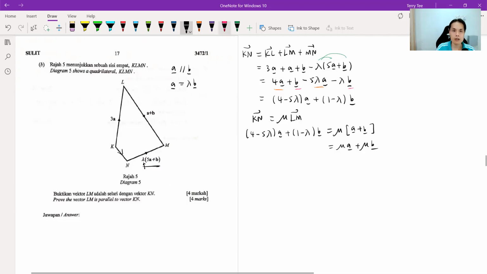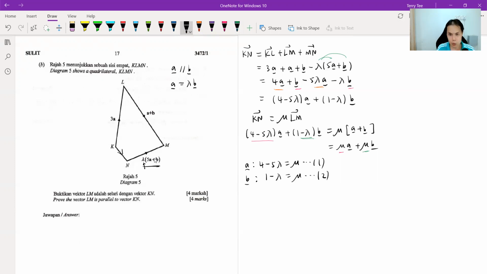So by comparison, let's compare one by one because we need to find lambda and mu. The coefficient of a is this, so by comparing a, 4 minus 5 lambda is mu. First equation. Then we compare vector b. The number in front, 1 minus lambda, is mu. Equation number 2.